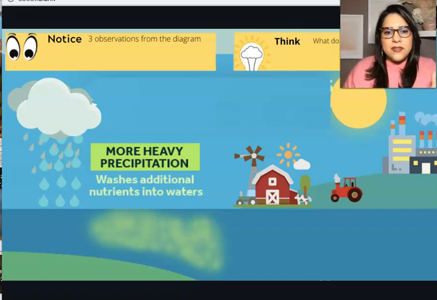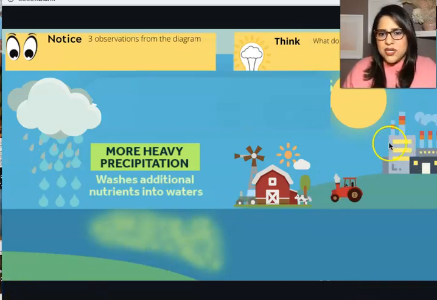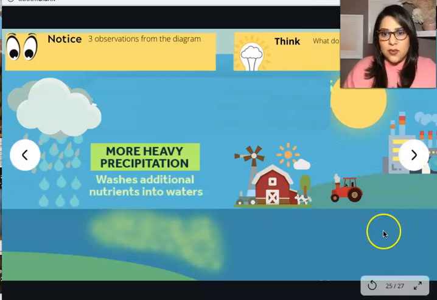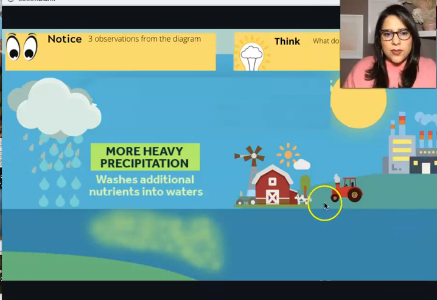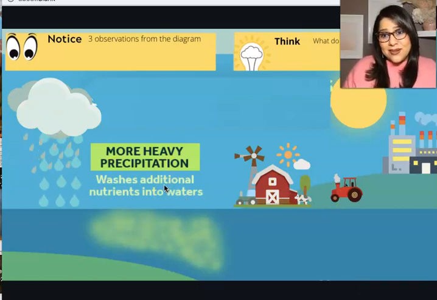Well, I know that there are nutrients washing into the water and they're coming from the land. Based on the picture, they must be coming from the factories or the farms or both. But how are they getting into the water? That's something I want to explore a little more. I think it might be that the rain is washing them up, but who knows? That's what I think is going on. So let's keep exploring so we can get some more concrete answers.